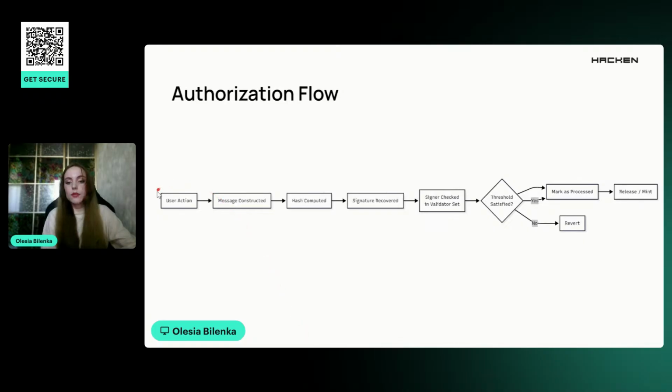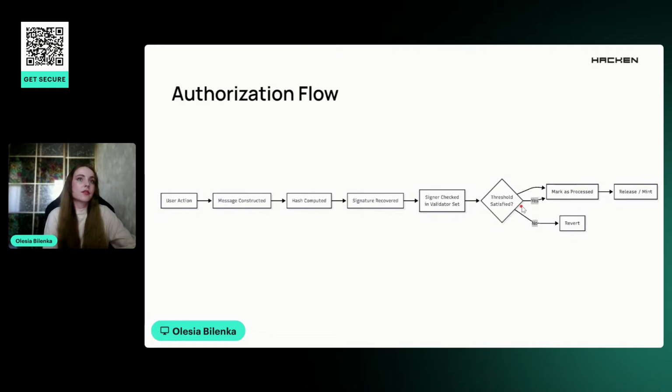The user takes an action, let's say deposits some Ethereum. The message is constructed, the hash is computed. Then on the destination chain, the signature is recovered and it is verified whether the signer belongs to the validator set. Then, if there is a threshold logic, it is verified whether it is satisfied.